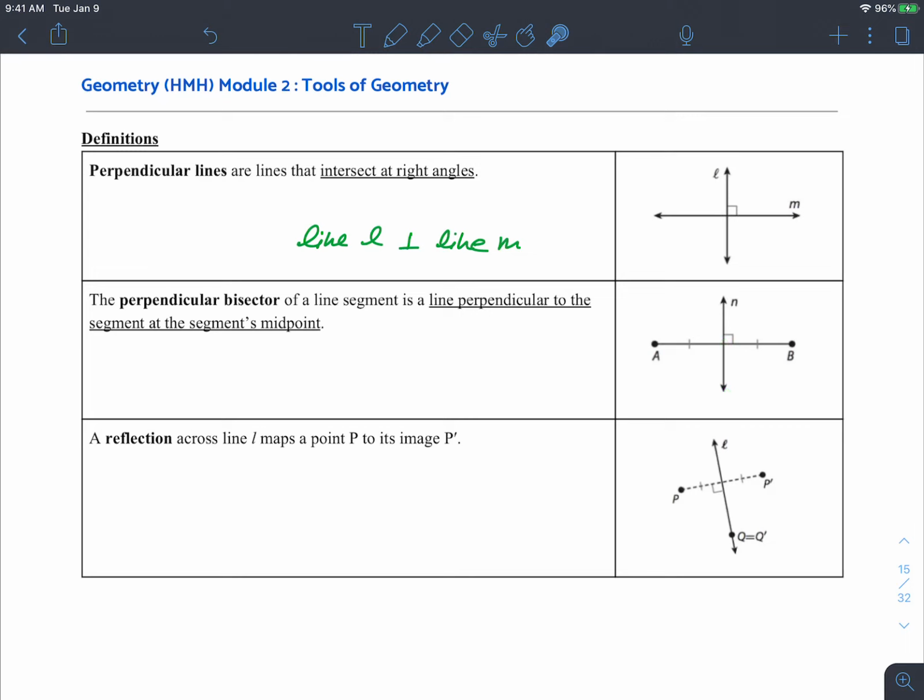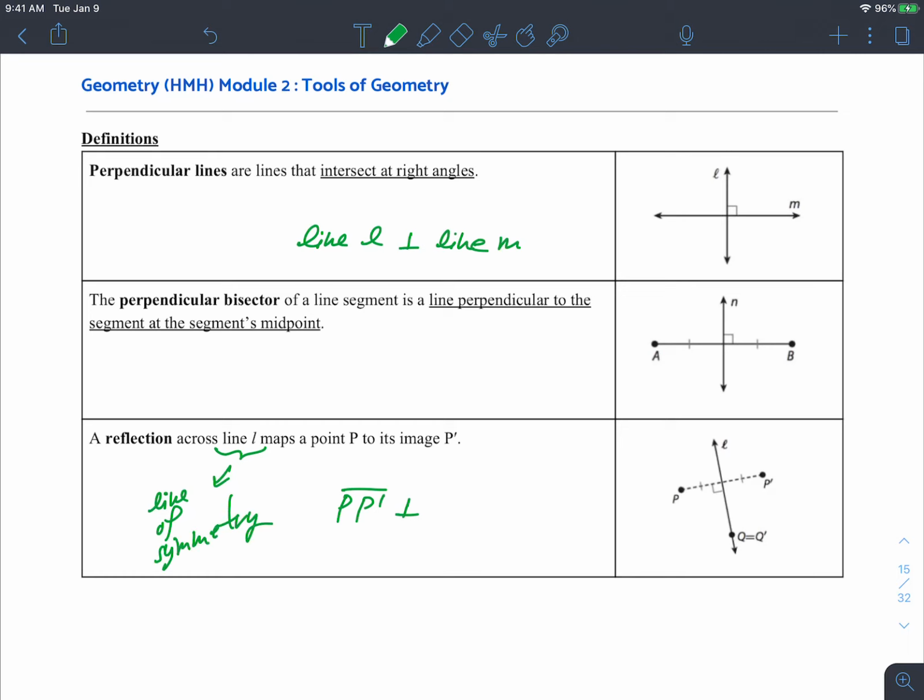All right, what is a reflection? Reflection across line L maps P to its image P prime. And don't forget the property, guys, that the segment PP prime is perpendicular to the line of symmetry. This right here, line L, is called the line of symmetry.